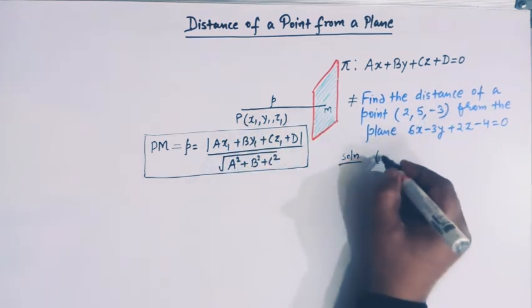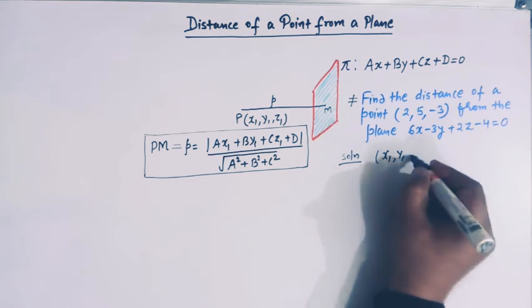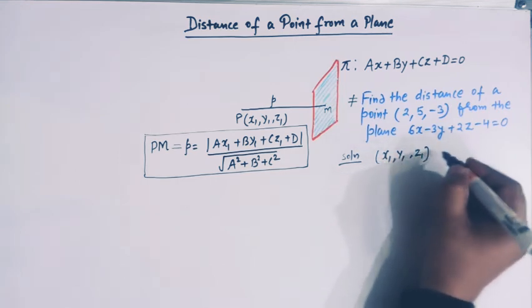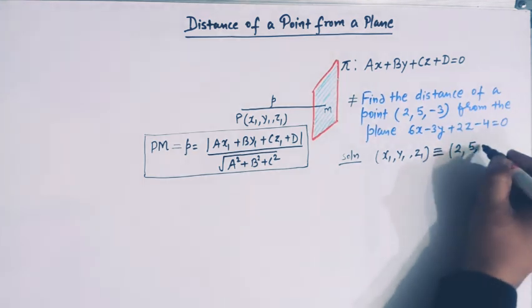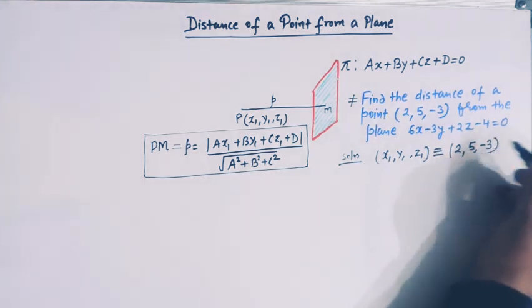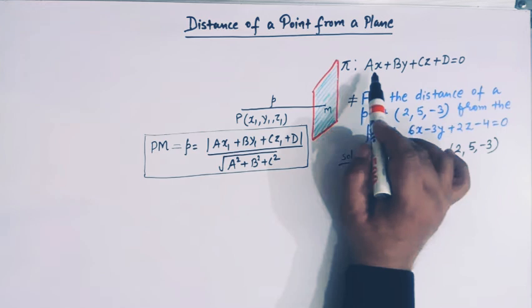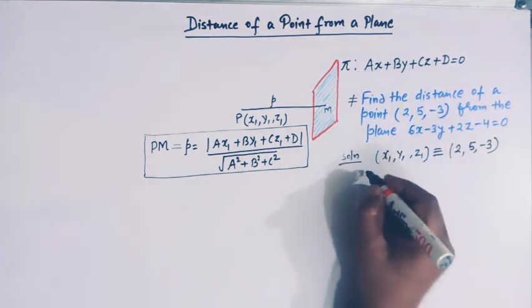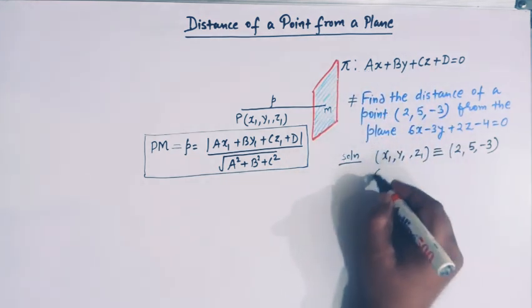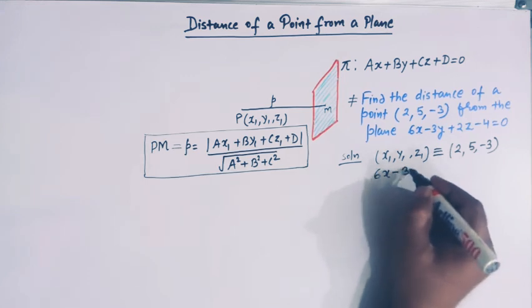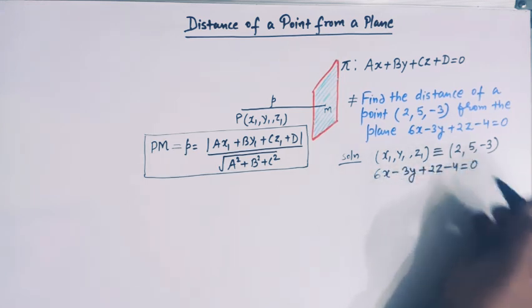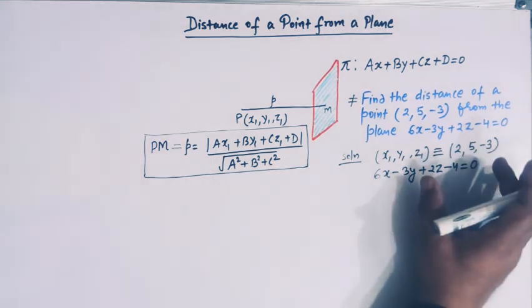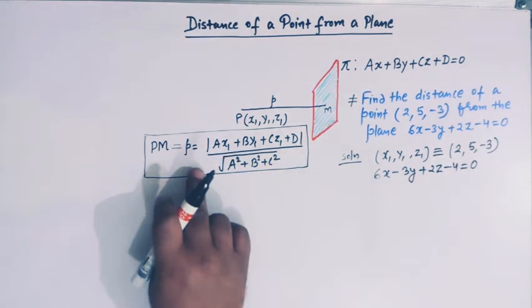So x1, y1 and z1 is given as 2, 5, minus 3, and the equation of the plane is given in this form. So this is 6x minus 3y plus 2z minus 4 is equal to 0. So now we'll apply this formula.